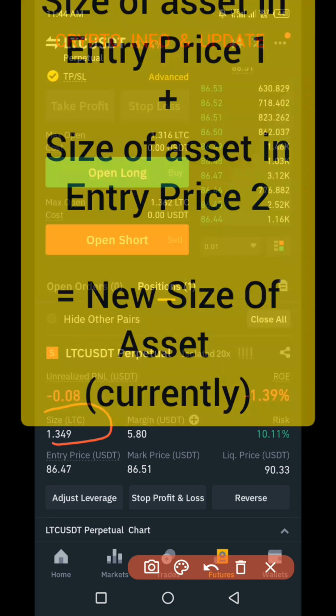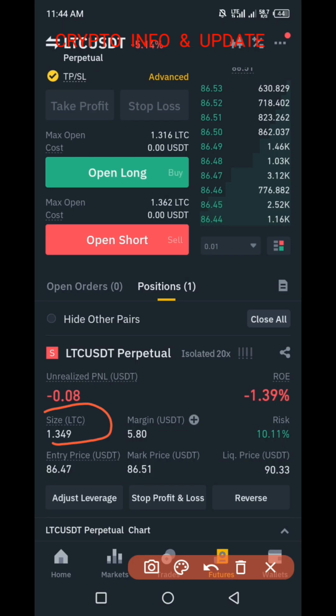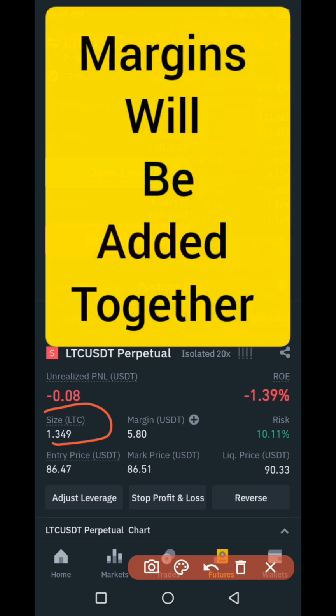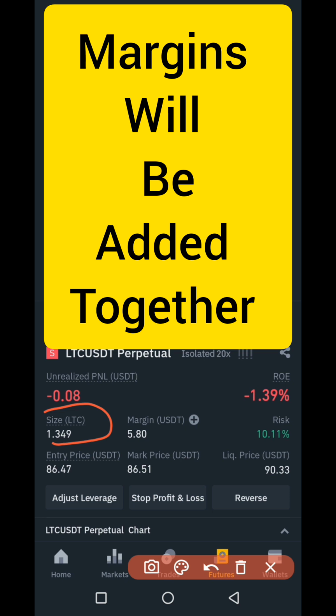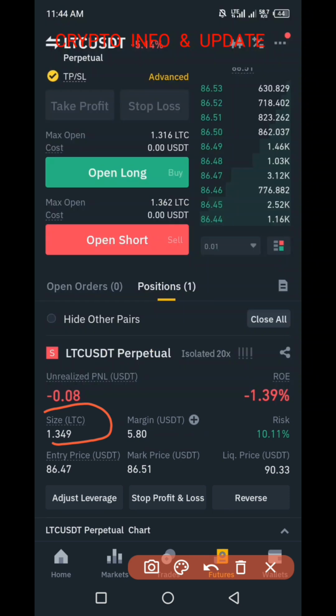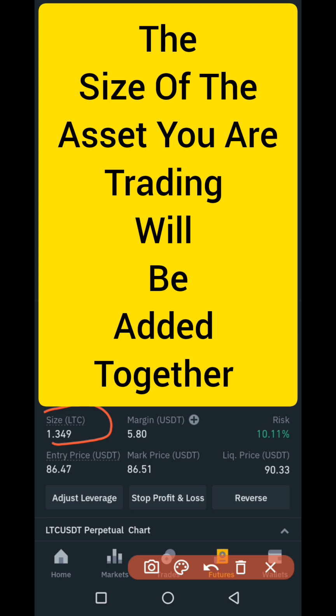Do you understand? Everything will be added together when the next entry gets filled. Your margin will be added together, not averaged. The size of the asset you are trading will be added together. The average won't be taken.